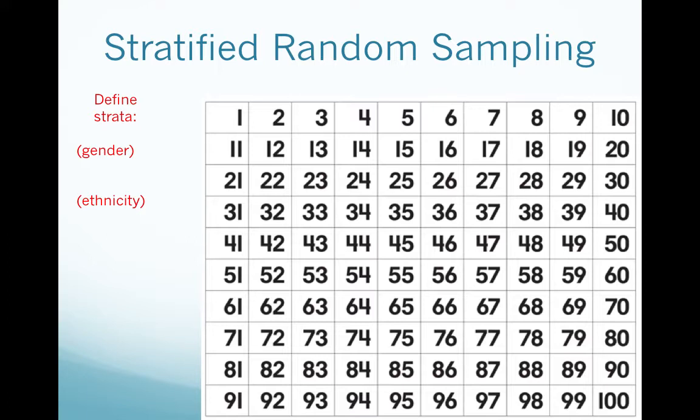Therefore, in a school of 100, if Baylor needed 10 participants, the researcher would randomly select students in the first strata, gender, until 6 were female and 4 were male, and the second strata, ethnicity, so that of the 10 participants, 8 were Hispanic and 2 were Anglo.